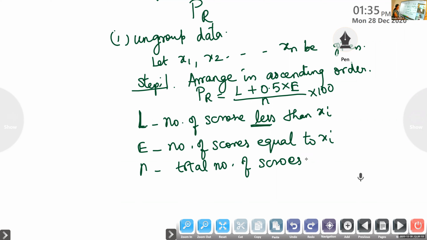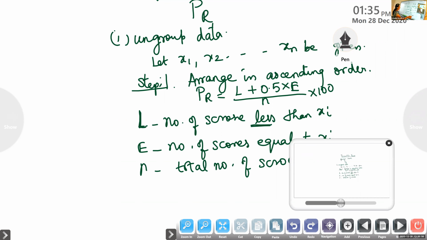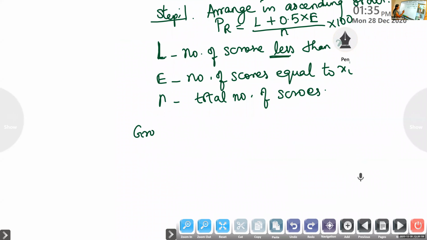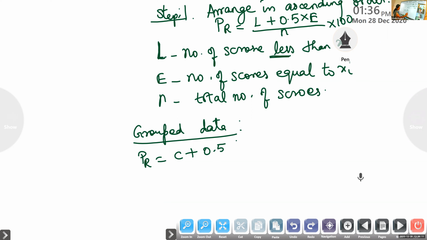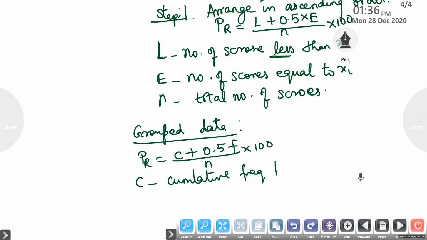And for grouped data, suppose you are given the data in the form of intervals. For grouped data, percentile rank is given by PR equals (C plus 0.5 F) by N into 100. What is C? Here it is the cumulative frequency preceding the score Xi.